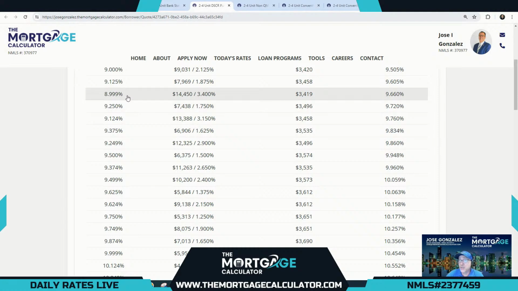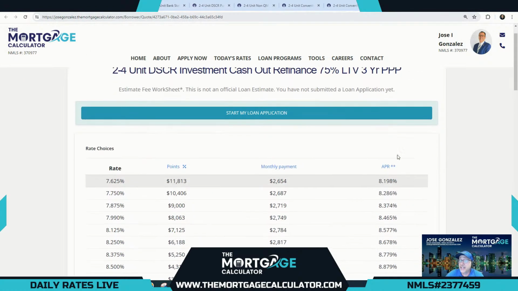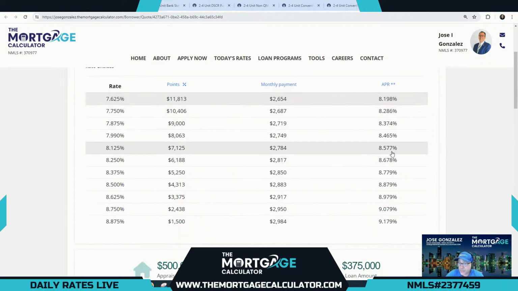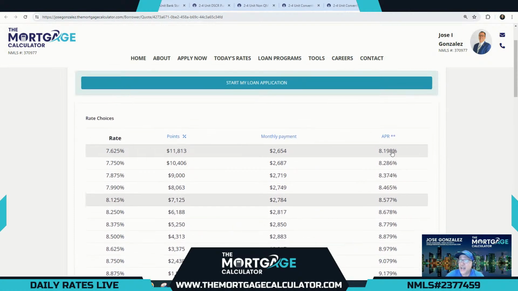So 10.624 lowest cost option, 8.999 lowest rate option. The best key takeaway from this is a 15% down DSCR option. Very amazing option there.